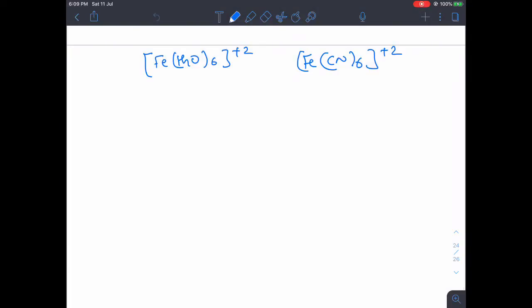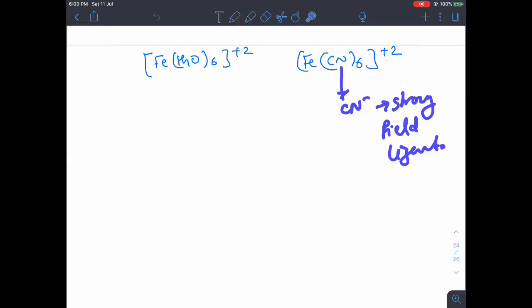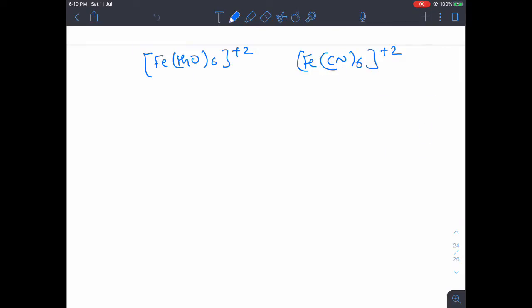If you look here, this iron is attached with the cyanide ion, which is a strong field ligand, whereas water is a weak field ligand. So what will happen? By CFT, because that gives the accurate picture of the magnetic moment, octahedral splitting will be like this.